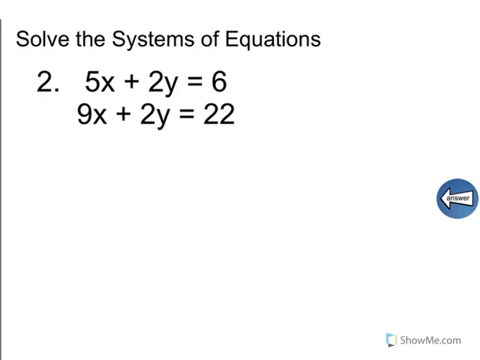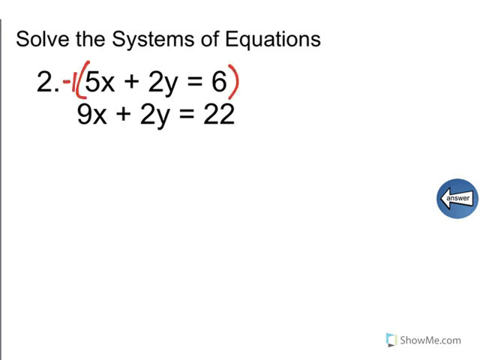Looking here, we have 5x plus 2y equals 6, and 9x plus 2y equals 22. Again, these are already lined up. I need to figure out which variable to eliminate. Because the y's have the same coefficient of 2, that's what I want to eliminate. In order to eliminate them, one of those has to be a negative 2y. So I'm going to pick one of the equations and multiply it by negative 1.